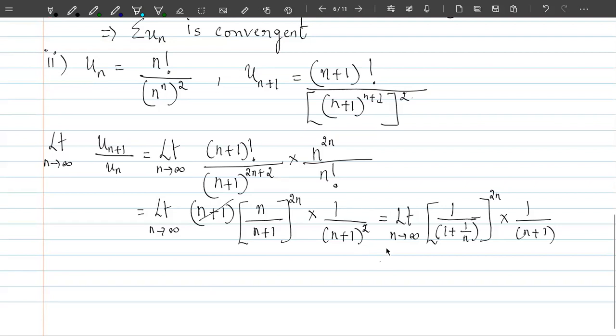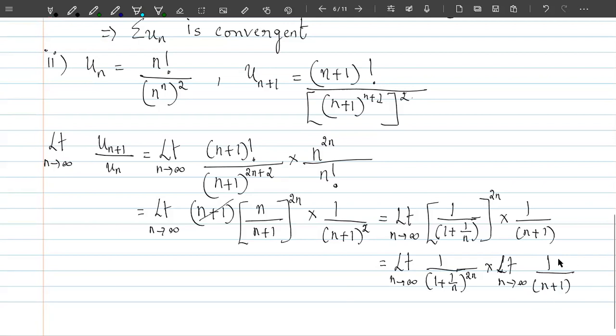Now that's equal to limit n tending to infinity. Let's solve this. So here I get 1 by 1 plus 1 by n to the power 2n. And here, splitting the limit, I get limit n tending to infinity 1 by n plus 1.